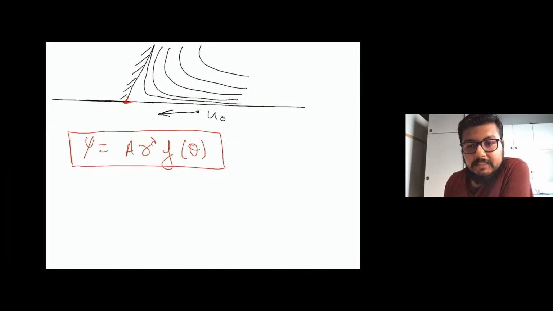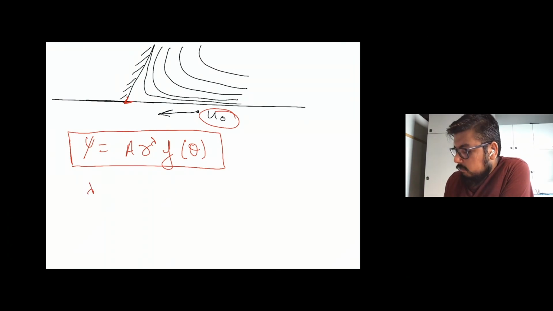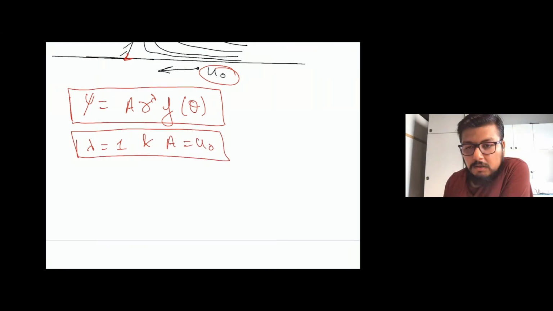But unlike the inviscid case, in this case, we already know that the velocity field is u naught. And if we do a dimensional analysis, we can argue that the lambda in this case should be equal to 1 and A should be equal to u naught. This is because psi has a dimension of meter square per second, and the only way that is going to be possible is if A was u naught and lambda was 1.